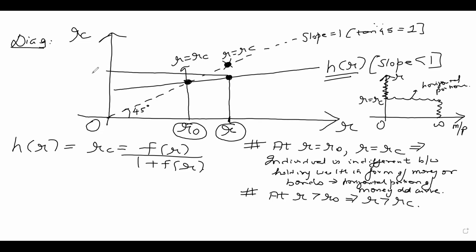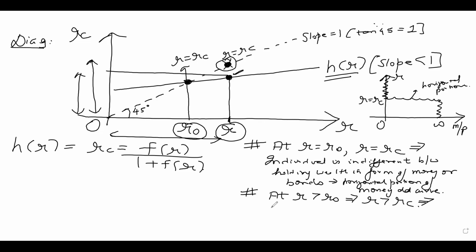Because for RC to have been equal to R, you should have been at this point. But you are not at this point. You are at this point. So for your given horizontal intercept, your vertical intercept for equality should have been this much, but it's only this much. So R is greater than RC.